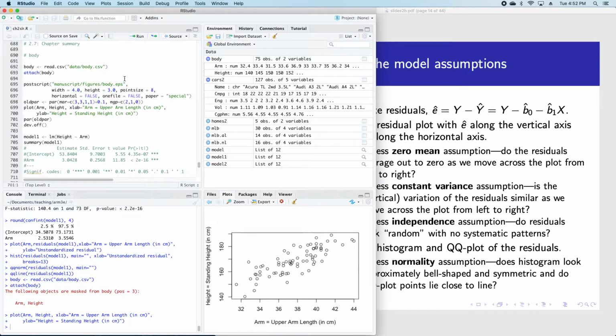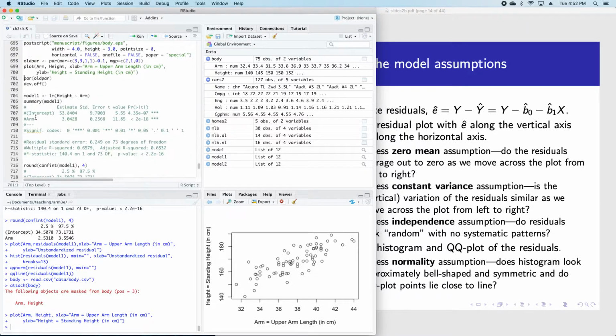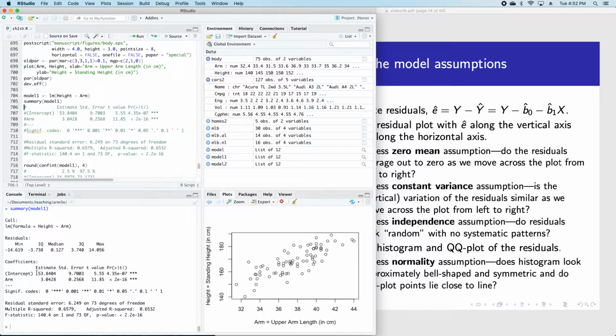We're trying to predict standing height in centimeters from upper arm length in centimeters. We've got a whole bunch of data here, and it looks as if people with longer arms tend to be taller, people with shorter arms tend to be shorter. And it seems like there's a linear relationship there. So let's fit a model and summarize it. Here's the estimated intercept, here's the estimated slope.